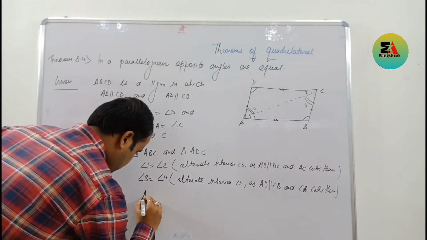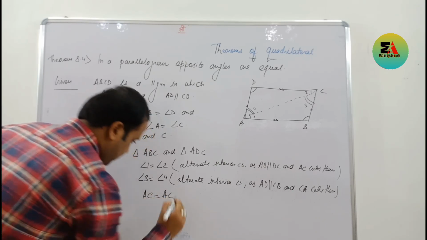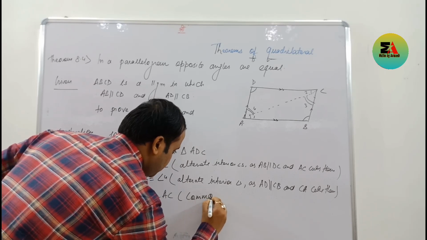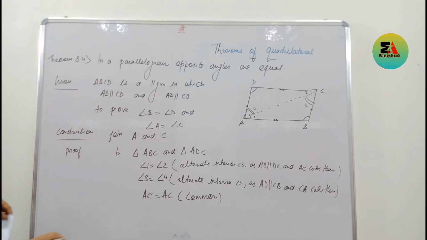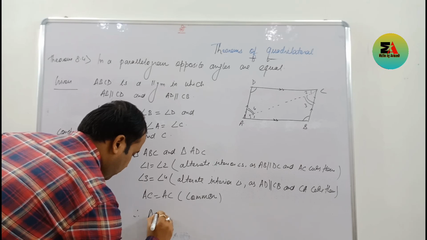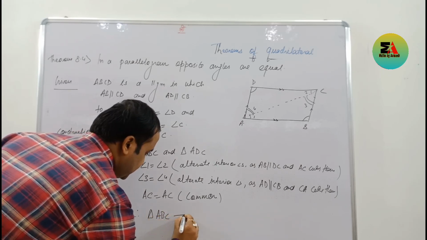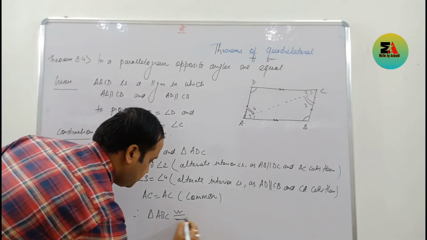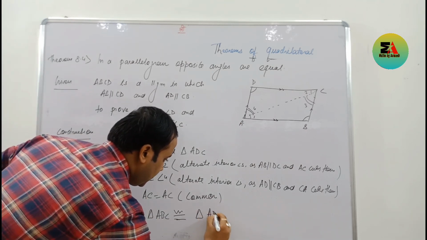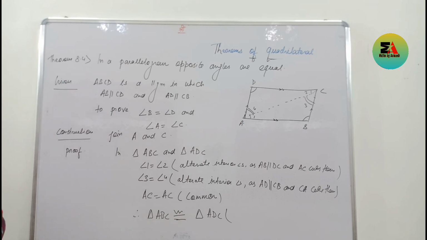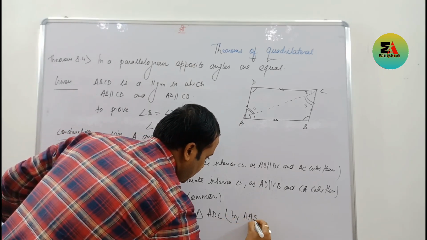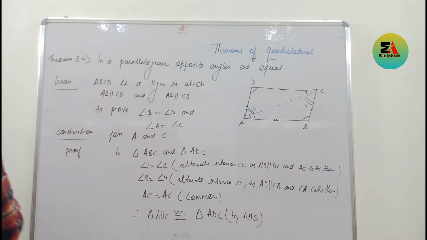And AC equals AC, this is common. Then what do we write? Therefore triangle ABC is congruent to triangle ADC by ASA congruency.